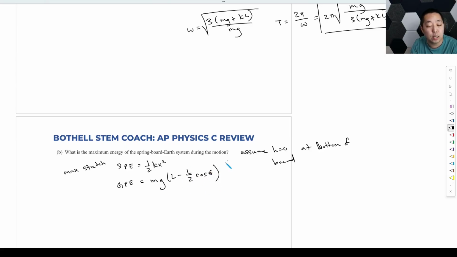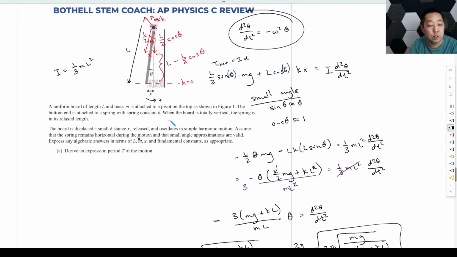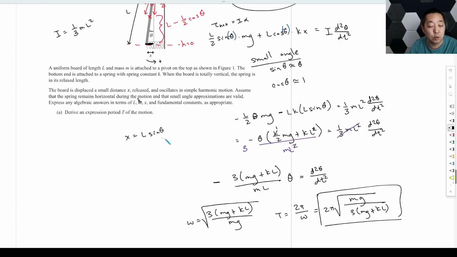Now, we're not allowed to use cosine theta. Theta was just an expression to help set this up. We have to do it in terms of x, m, or L. But we know that x is going to be L sine theta, right? Because that's what we did before over here, replace the x with L sine theta, because that would be this distance here. So what does that make cosine theta?